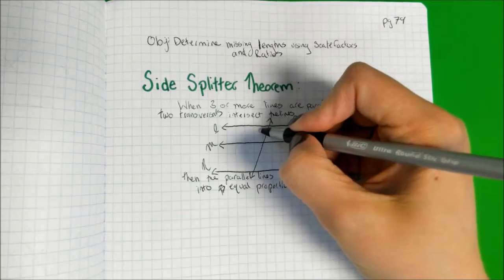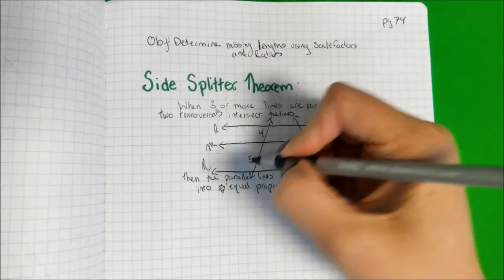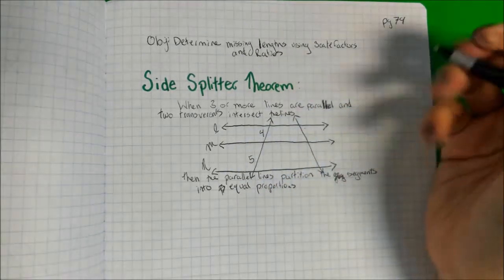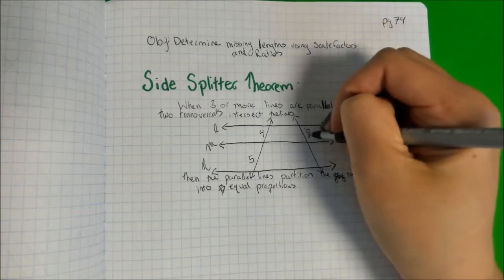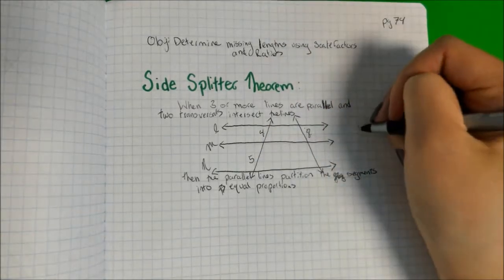So if the segment right here is 4, and the segment right here is 5, then these two segments are going to be in the same proportion. So if this one was 8, the proportion is 4 to 5.